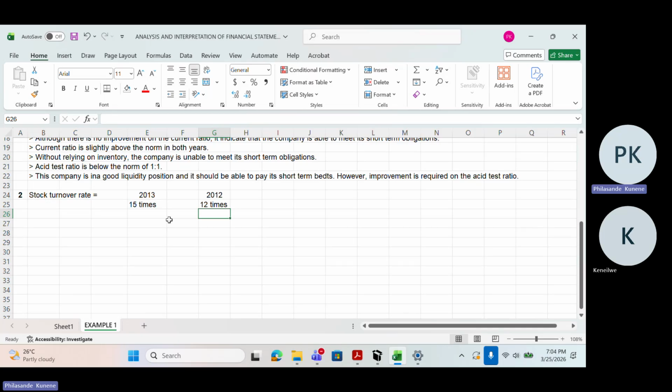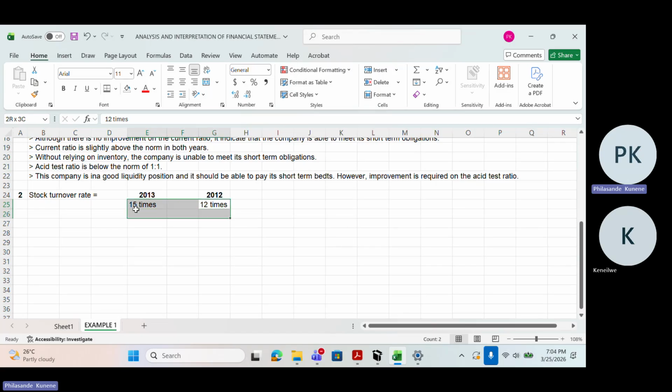This is a good thing for the business. This is an improvement, right? This is an improvement because in 2012, I was replacing my stock 12 times, but now I am replacing it 15 times. It's a good thing for the business.